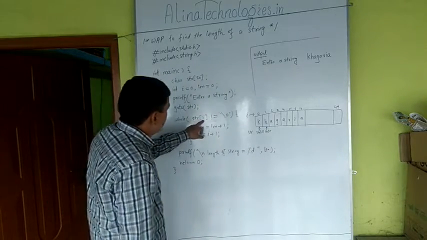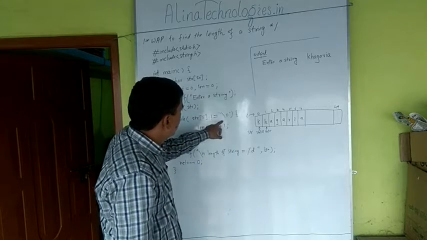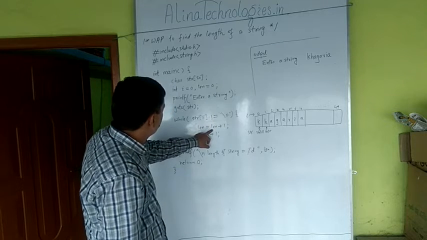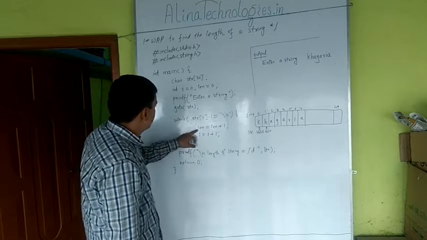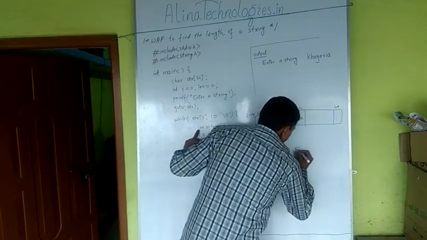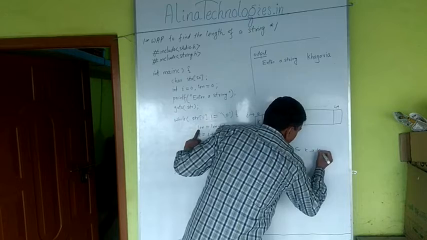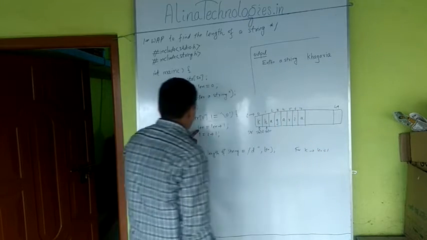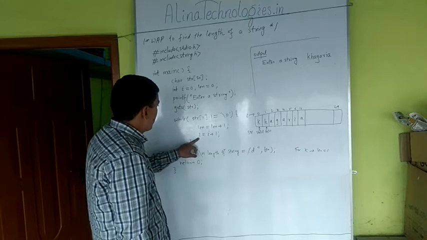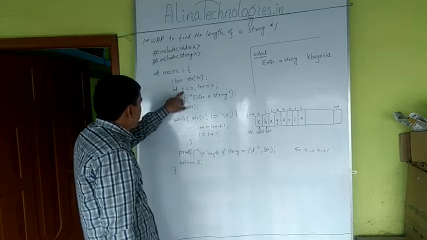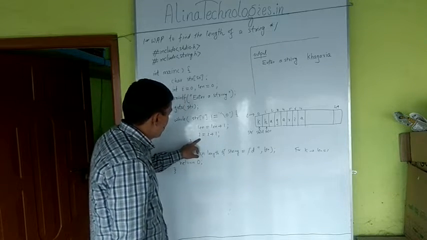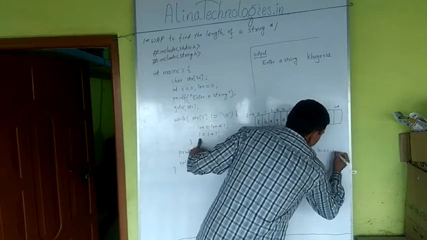Now, str of 0 location, the value is not null. In that case, the value of length will be 0 plus 1, length will be 1, for the K. The value of i is 0, so i equal to 0 plus 1.